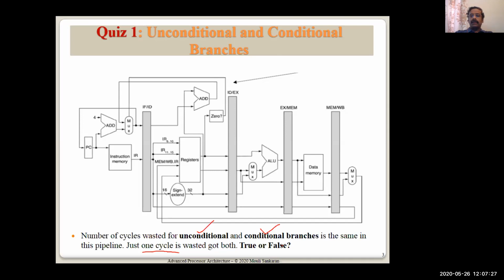Okay, one second, something on chat. Just hold on, I got some answer. Let me launch the poll. So please enter your answer whether it is true or false.